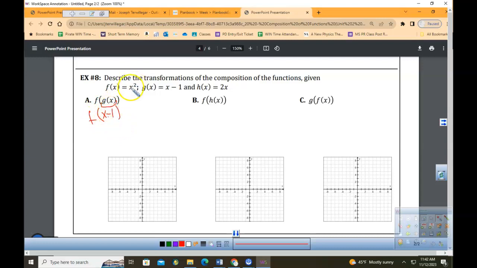I'm going to plug in x minus 1 for x to get x minus 1 squared. Do we know what x squared looks like? It's a parabola, right? That negative 1, though, is going to move it to the right 1. So that's right 1. I'm treating f of x like my parent function.